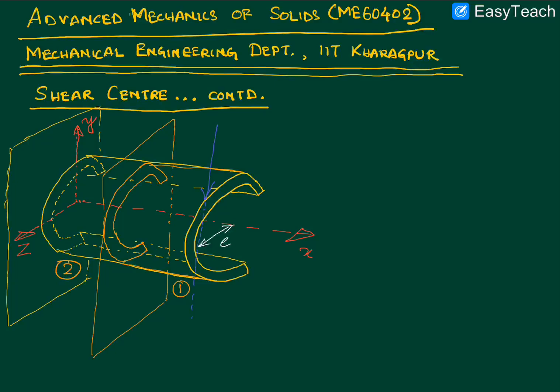For example, an L-shaped beam or a channel-shaped beam, also an I-shaped beam or a T-shaped beam, Z-shaped beam. But in addition to those shapes, we can also have a beam which has an almost circular cross-section.